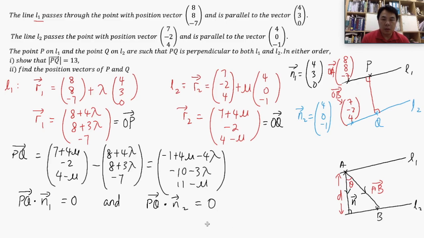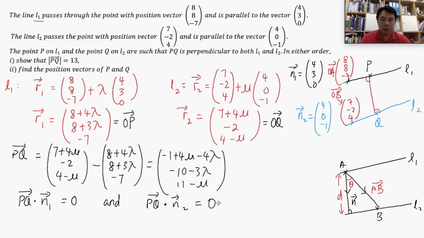Now we're going to use this to form a system of linear equations, and then we're going to solve for μ and λ. Alright, so I hope that is clear.